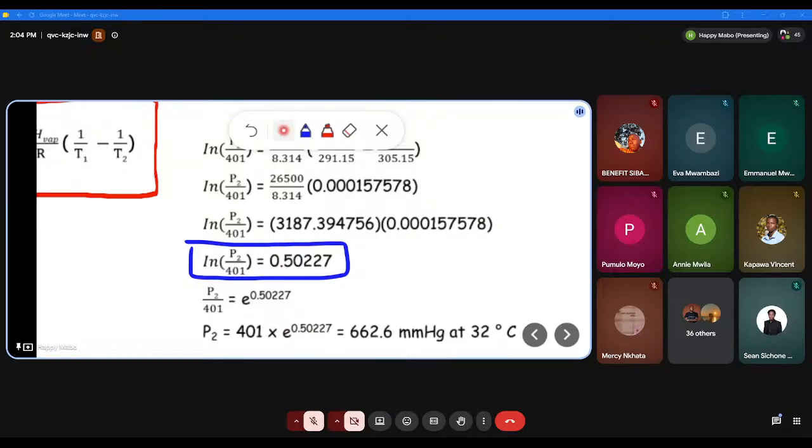I taught you chemical equilibrium, so we are familiar with how to deal with natural logarithms. So you change to base E, which is Euler's number. You have seen this one before. I guided you last time that to get the exact value for Euler's number, you have to use the alpha function on your calculator.